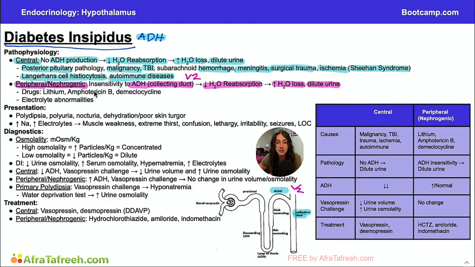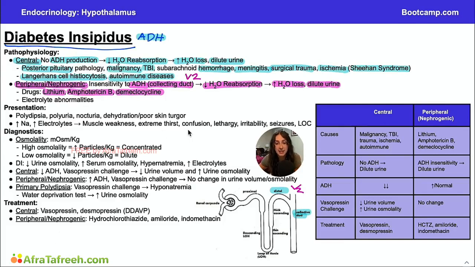The causes of nephrogenic diabetes insipidus are different as well. So these causes are usually going to involve drugs. So first there's lithium. You can also have amphotericin B, which is a very strong antifungal that has a lot of side effects, including diabetes insipidus. And then finally, demeclocycline. And demeclocycline, if you'll remember, is actually used to treat SIADH.